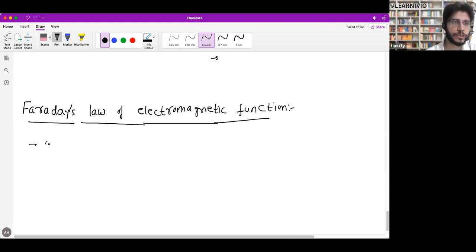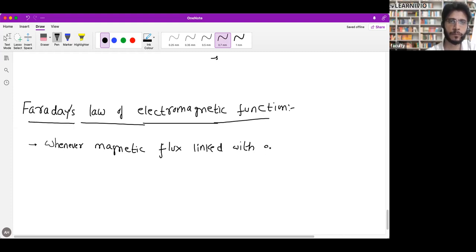So Faraday's law says whenever magnetic flux linked with a coil changes, an EMF is induced in it.